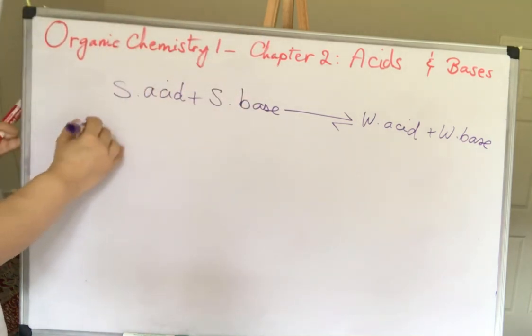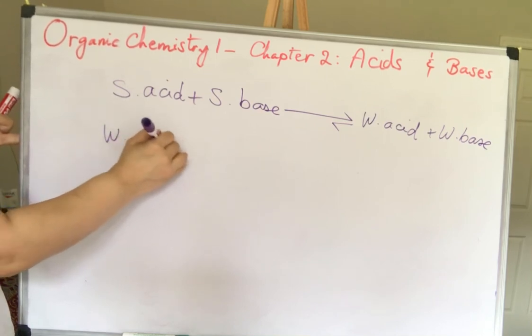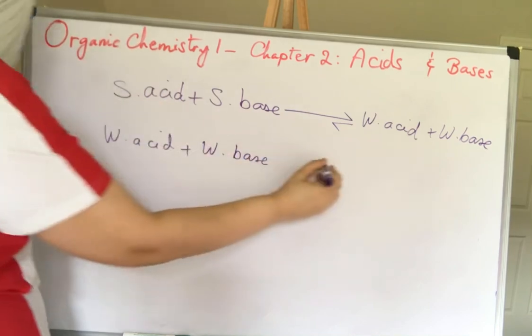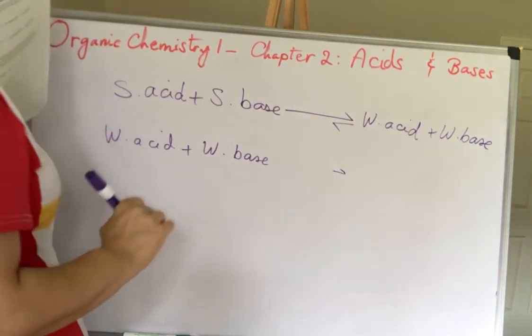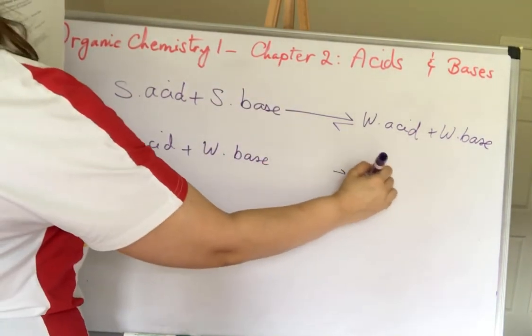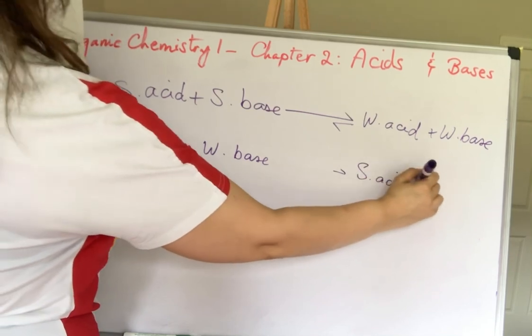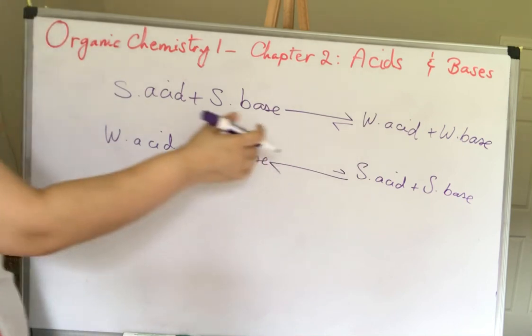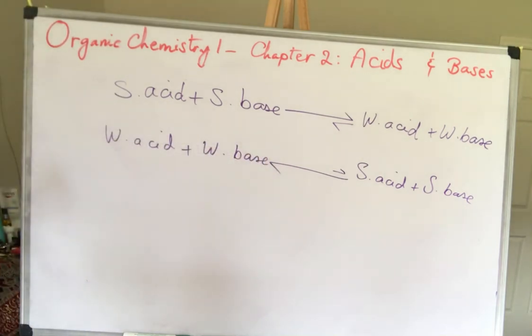But vice versa, if we have a weak acid and a weak base, then only a little bit of this reaction goes towards forming a strong acid and strong base, and it mostly goes back to the weak side, because the weak compounds don't have the strength to go to the strong side.